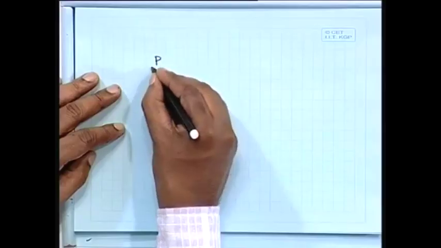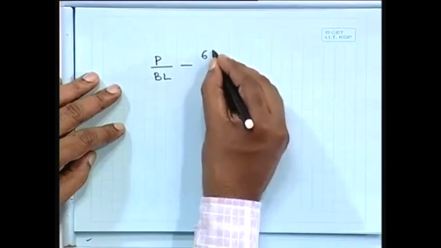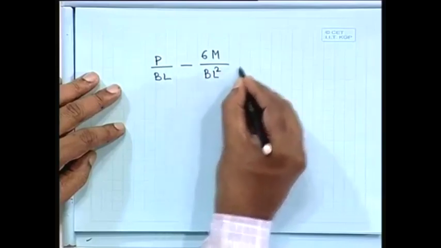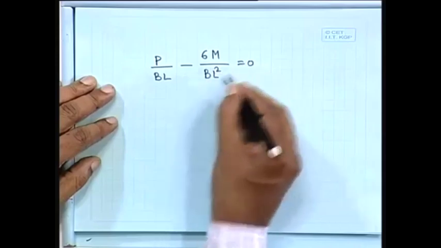So if we write down P by BL minus 6M by BL square equal to 0, what shall we get here?